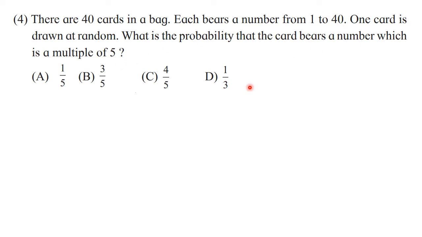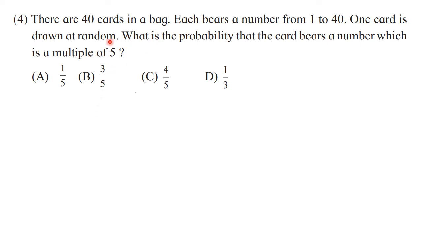Okay, so from 1 to 40, how many multiples of 5 are there? Say table of 5. 5 ones are 5, 5 twos are 10, 5 threes are 15, 5 fours are 20, 5 fives are 25, 5 sixes are 30, 5 sevens are 35 and 5 eights are 40. So from 1 to 40, we have 8 multiples of 5: 5, 10, 15, 20, 25, 30, 35, 40.